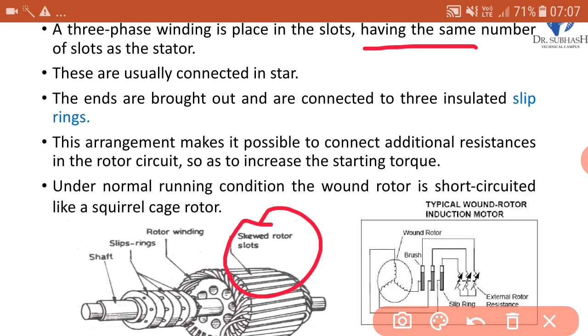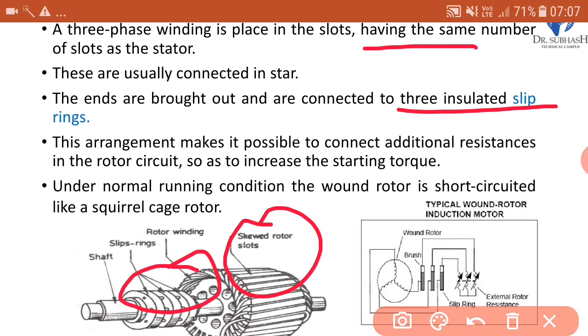The ends are brought out and connected to three insulated slip rings. Here we can observe three slip rings. The shape is almost bearing-type shape for the slip rings.